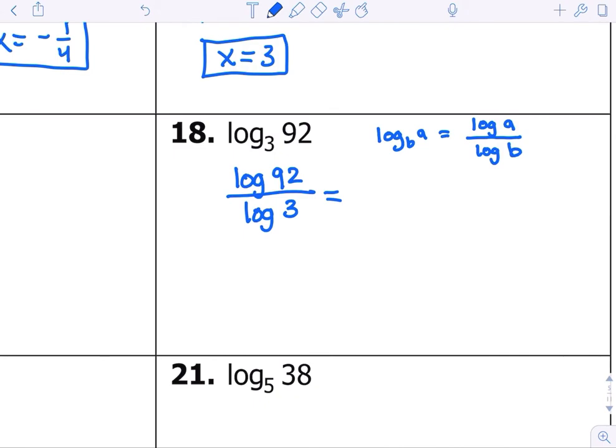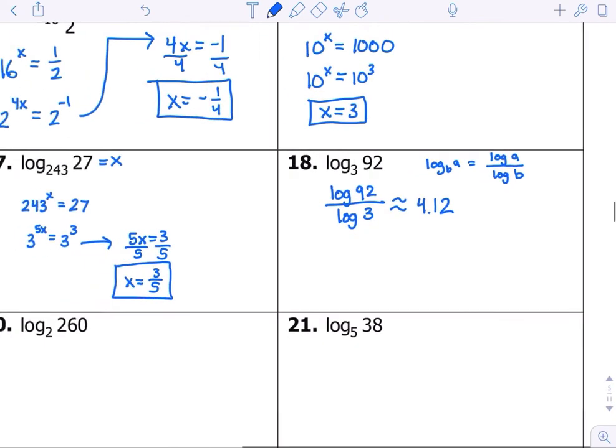Log of 92 divided by log of 3. And that's going to be estimated to be around 4.12. Let's round to your nearest hundredths. So if you guys notice that you can't get the base or the argument to be the same base in exponential form, then you guys have to do the change of base formula, which is that.